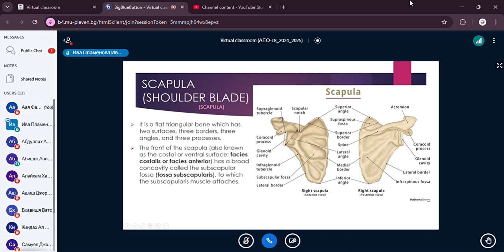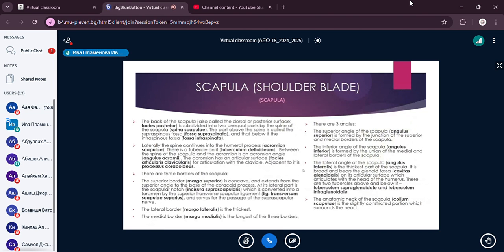Foramen suprascapularis, or it doesn't have a name. You can also see only incisura suprascapularis, which is converted into a foramen when we have a ligament above this notch. What we find here is the suprascapular nerve.